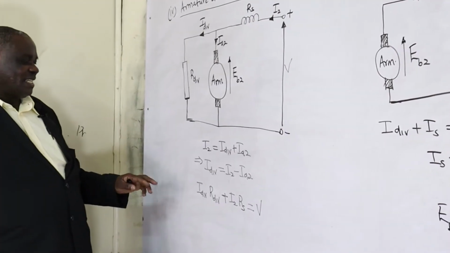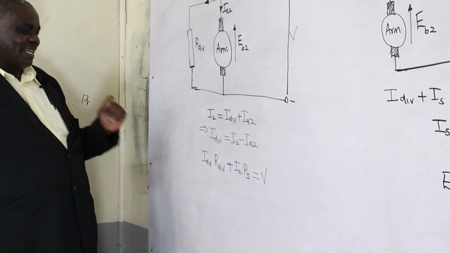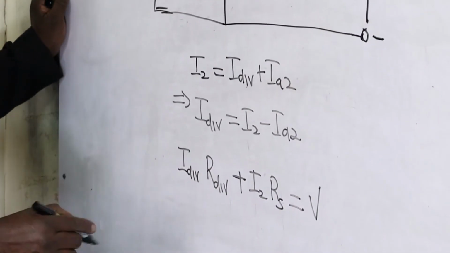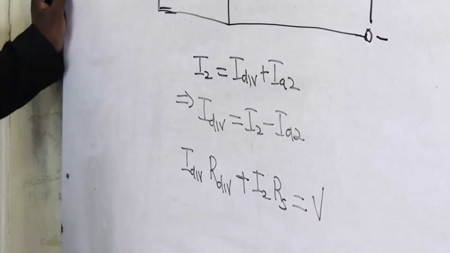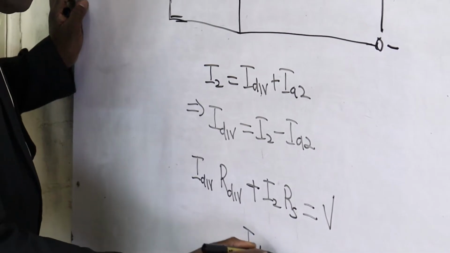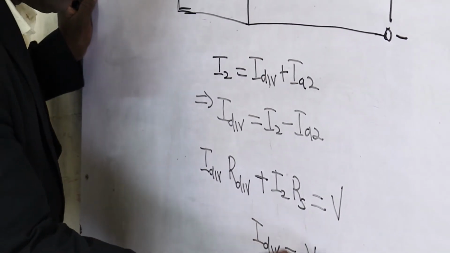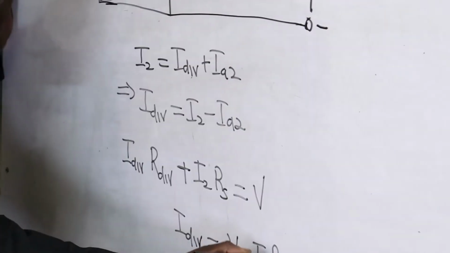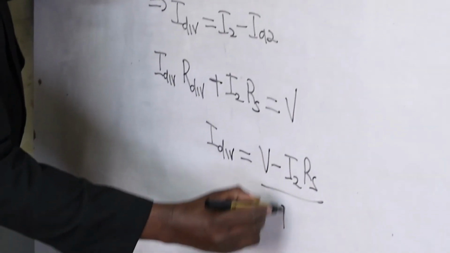So, in case we want ID from this expression, we can get it as ID equal to V minus I2 RS, all over RD.